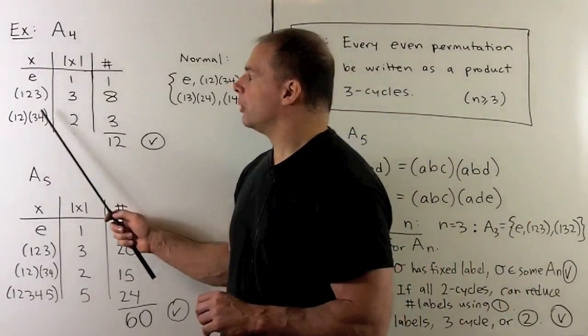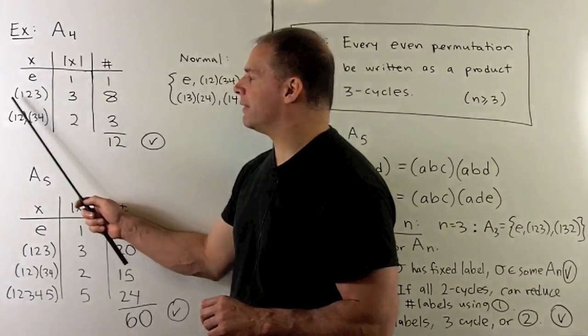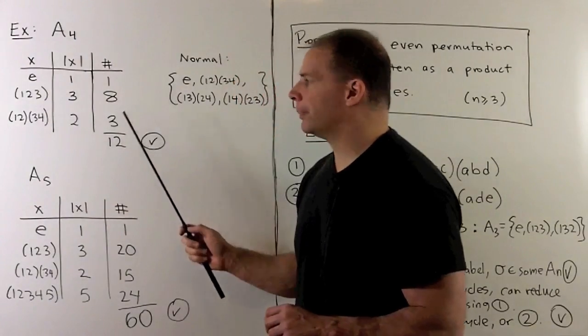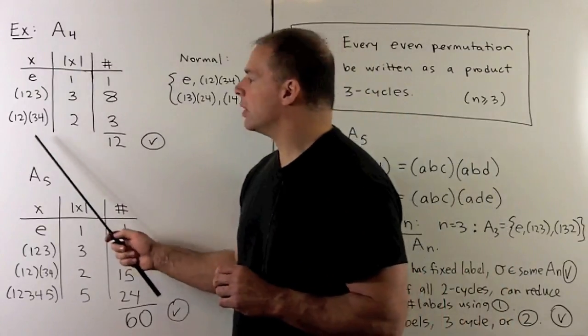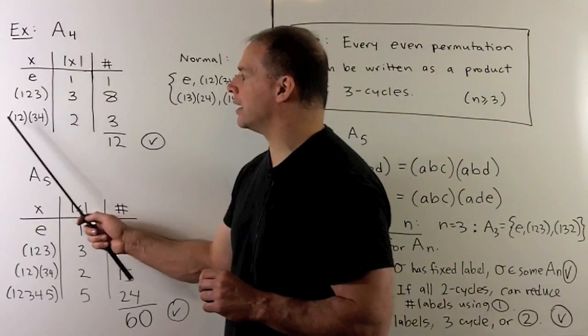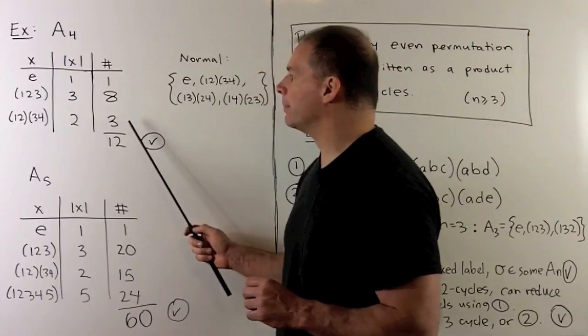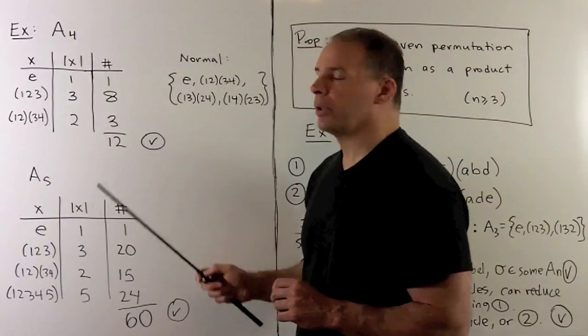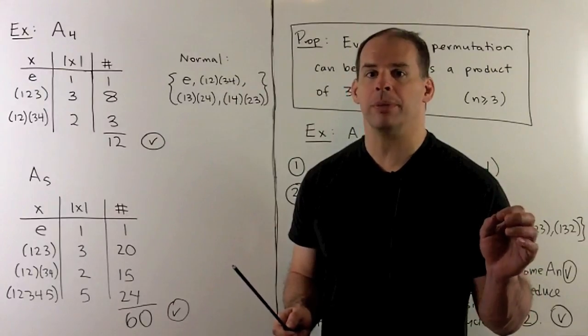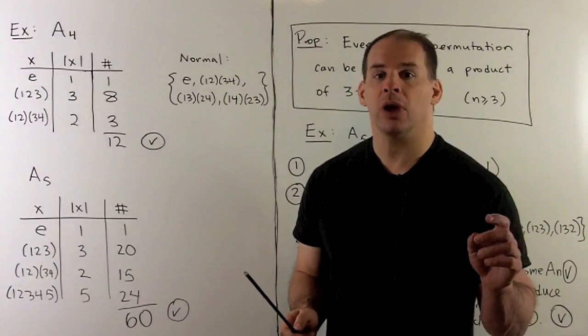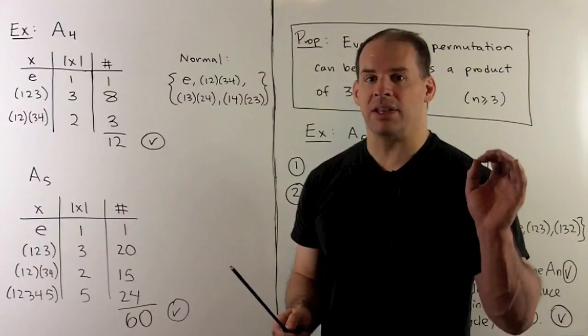The number here is 4 times 3 times 2, and we divide by 3, we get 8. Then we have products of disjoint 2-cycles. So 4 times 3 times 2 times 1, divide by 8, we get 3. This adds up to 12. That's 24 divided by 2, and 24 is 4 factorial, so that checks out.